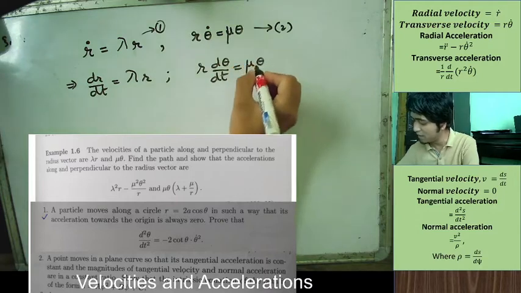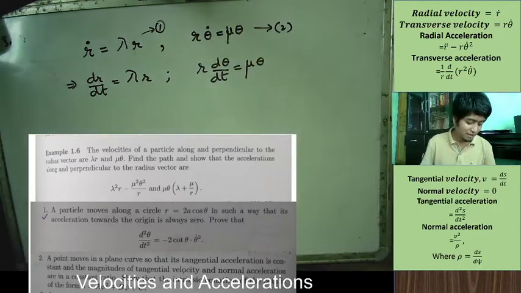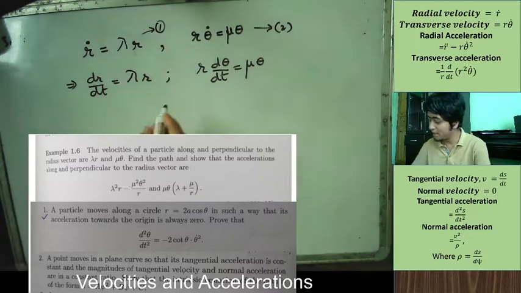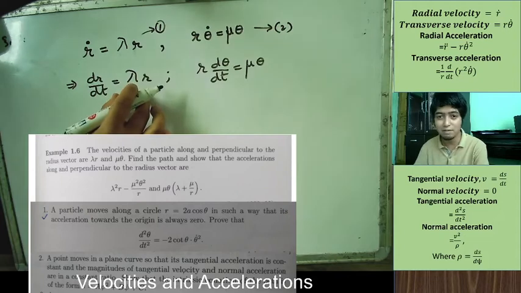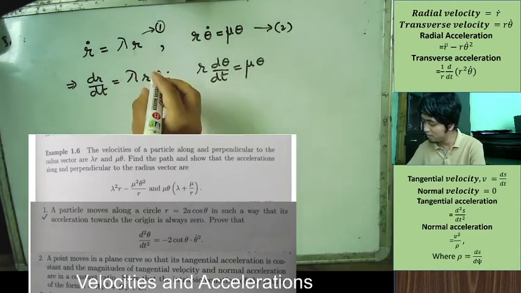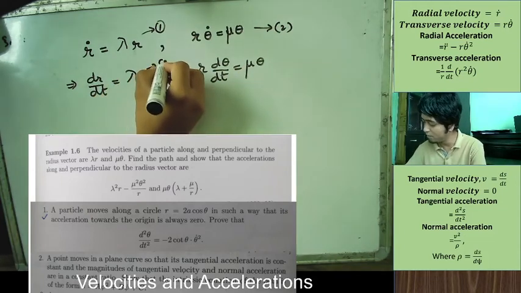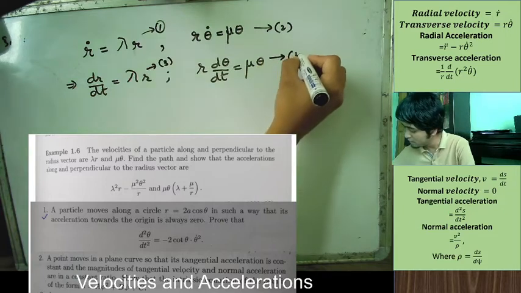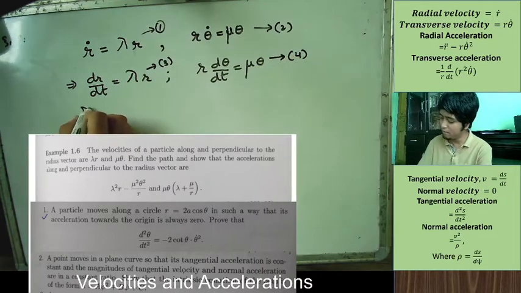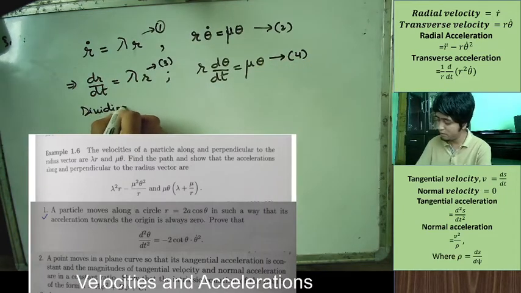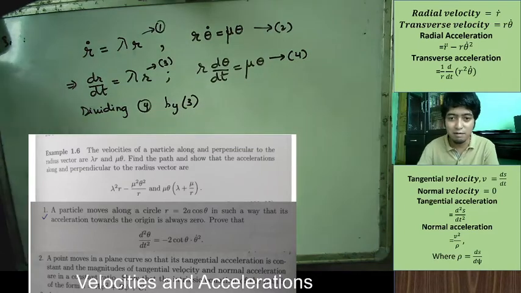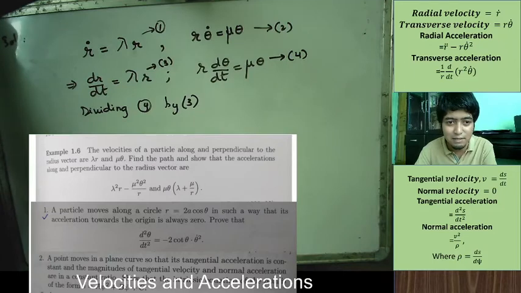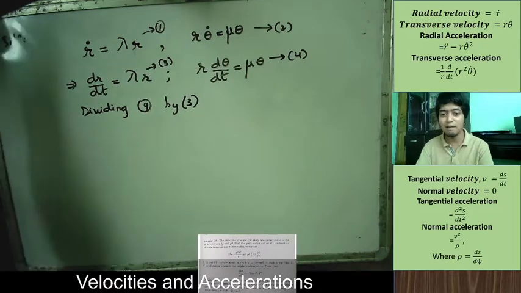So this is what we get. Theta dot is d theta dt. We have to eliminate the time, so we can divide this equation by this equation. Dividing 4 by 3, now let me just minimize this question, you will need it again.